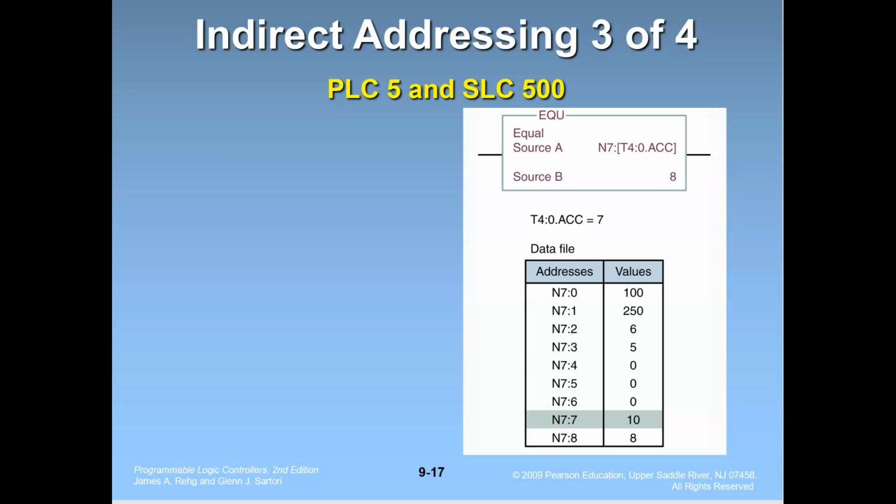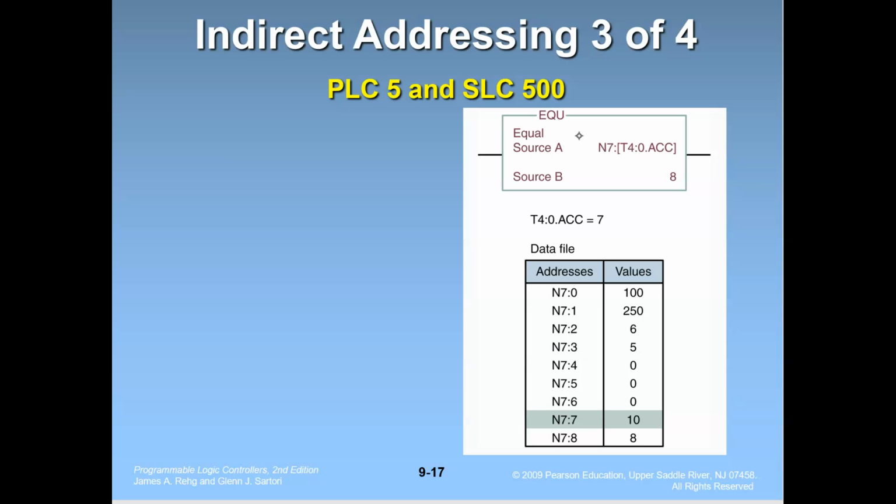Now let's look at another example. In this example, again, I have an equal instruction with source A and source B. Source B is equal to 8, so I need to compare my source A with a number equal to 8. Now, for source A, what I have is an indirect address. How do I know it's an indirect address?